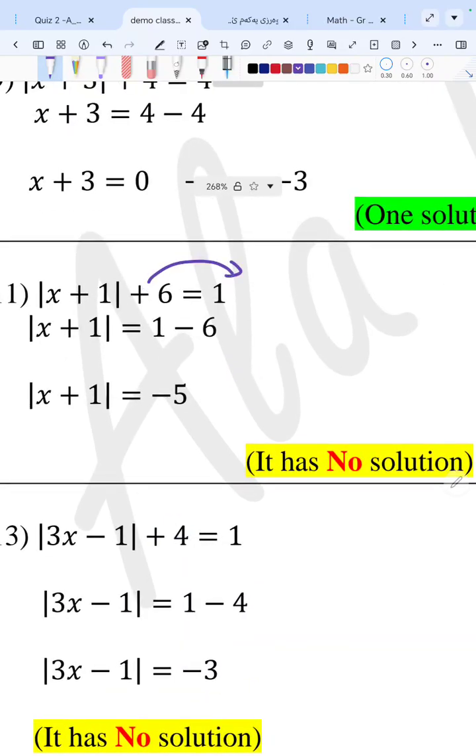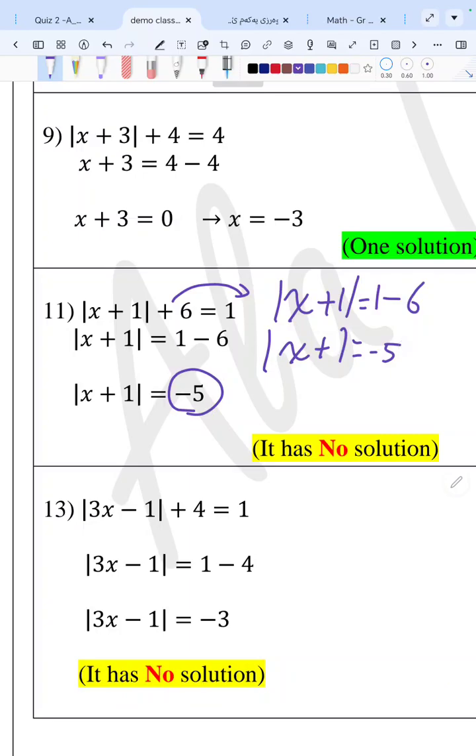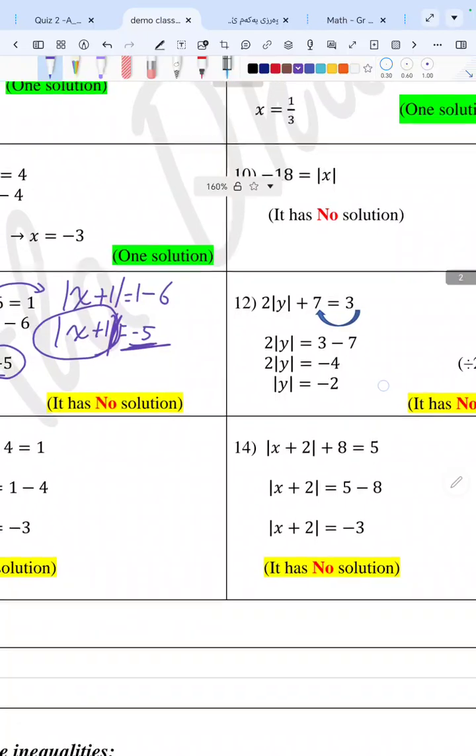Move 6 to the other side. When you move 6 to the other side, it will be negative 6. The absolute value of x plus 1 equals what? Equals negative 5. As you can see, the absolute value of x plus 1 equals a negative number, so it has no solution.